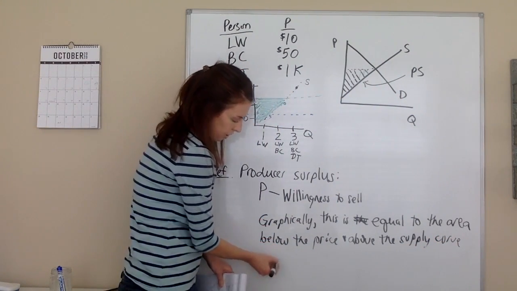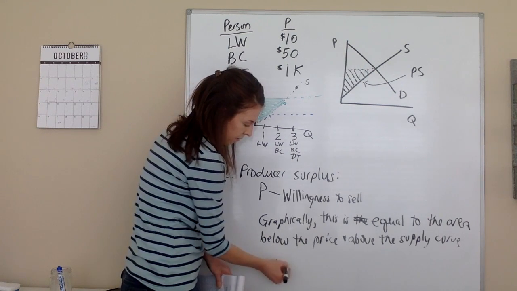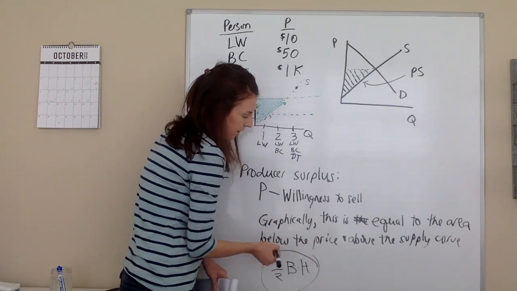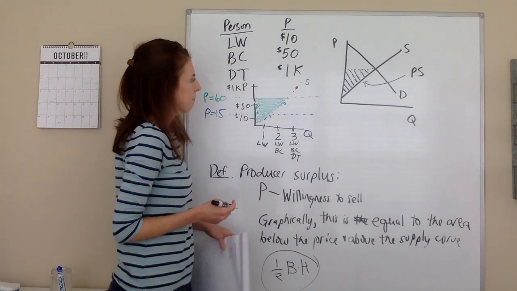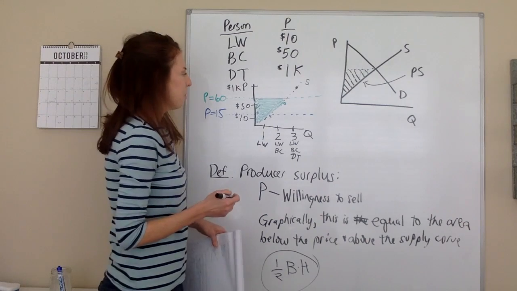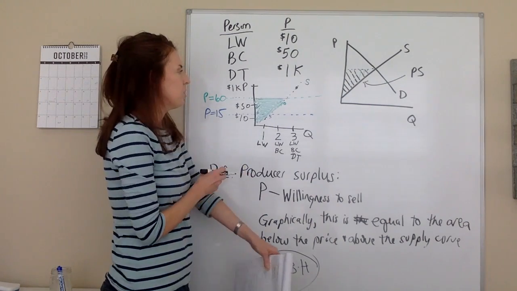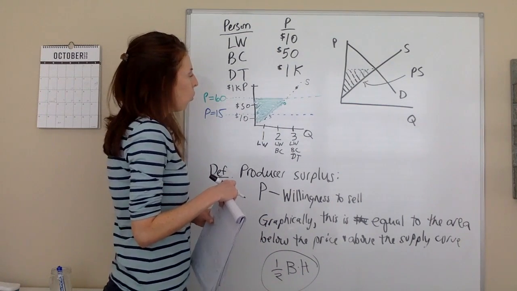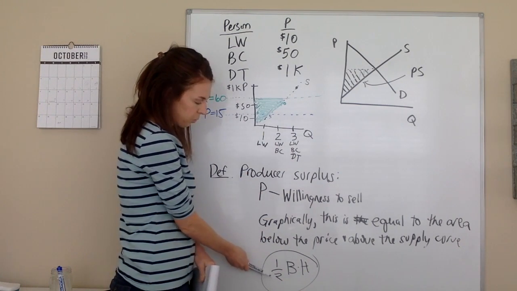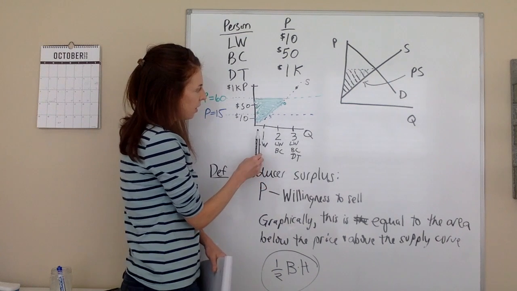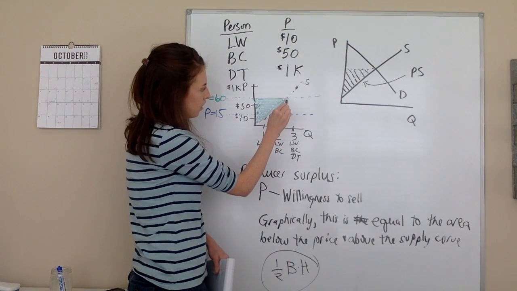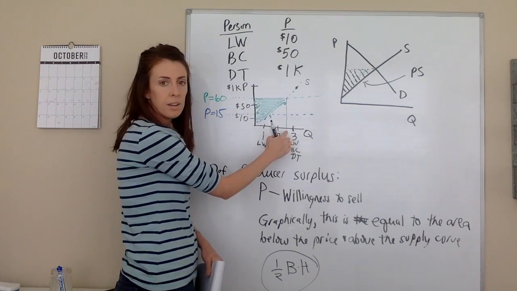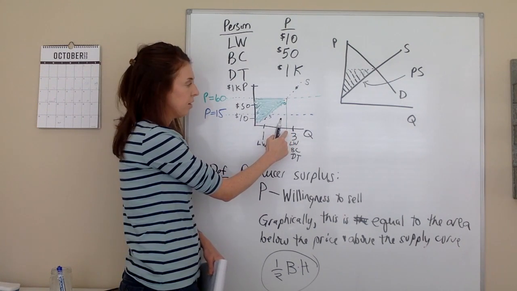And note that the area of a triangle is 1/2 base times height. This is just FYI in case you forgot that. I'm going to spoon feed you a little bit here. So how, if I gave you equations or a picture of supply and demand, would you figure out the area? Well, 1/2 would be multiplied by the base of the triangle. The base of the triangle is going to be the quantity of items that are exchanged in the market.